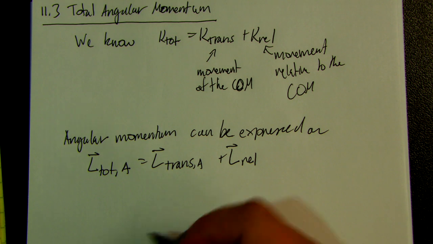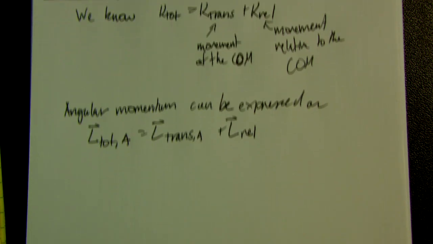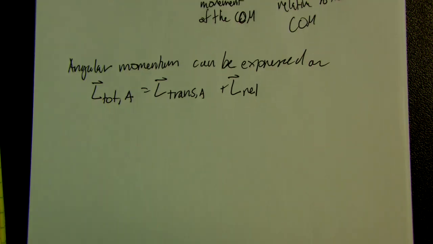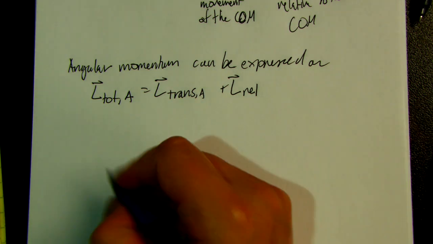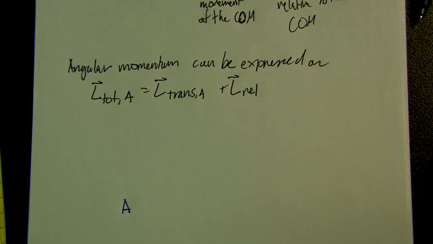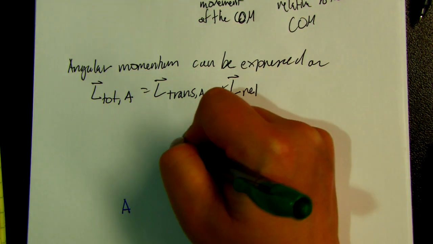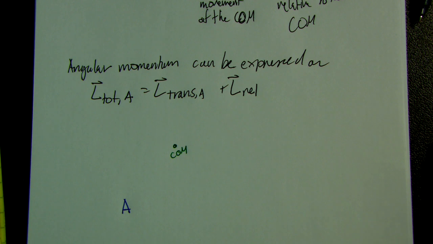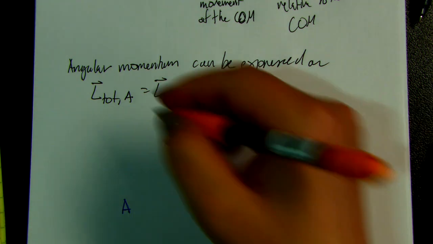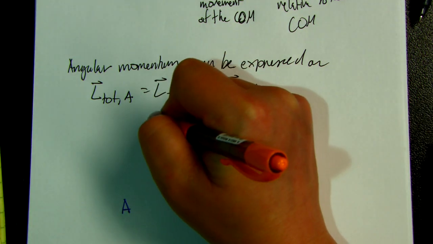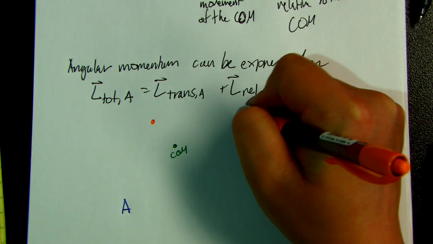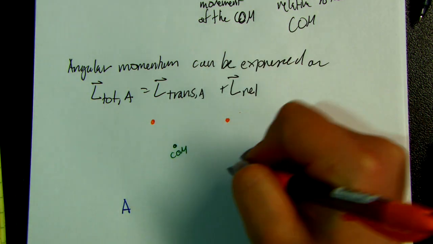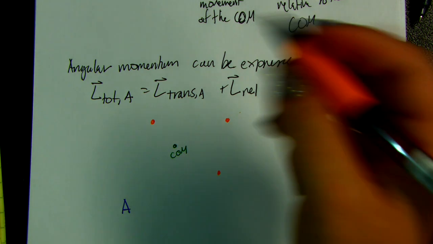So let's say we've got some point A, and we've got a center of mass here. And then we've got three molecules, or just points, that are all contributing to the center of mass.